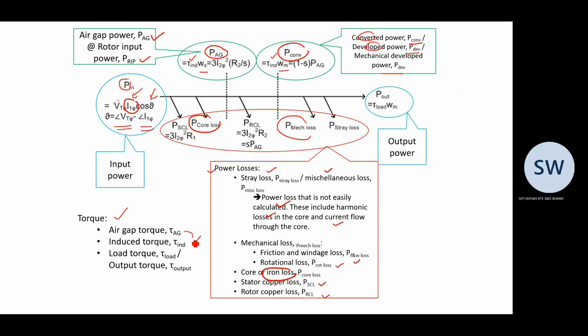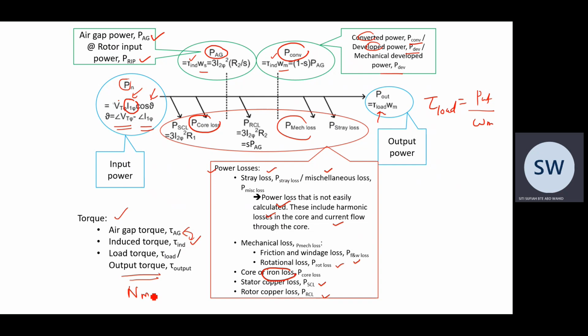Induced torque and air gap torque are the same thing. And then at the output we have load torque, or sometimes we call it output torque. So if there is a question asking for torque, for example load torque, just divide P out over omega M and you will get your torque in Newton meter.